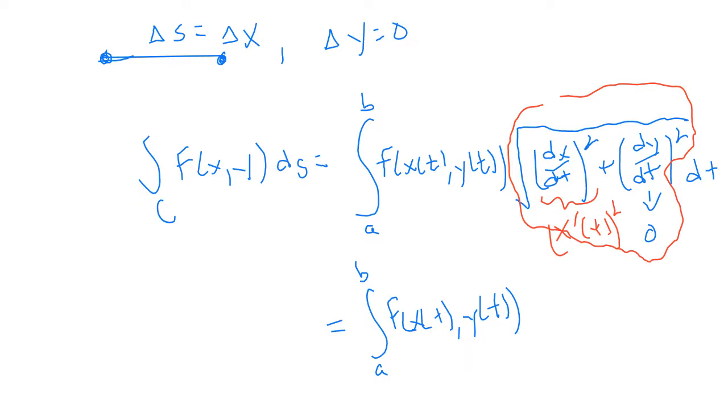So the dx dt squared is like x prime of t squared, but we're taking the square root of it. So then that's going to give us x prime of t dt.